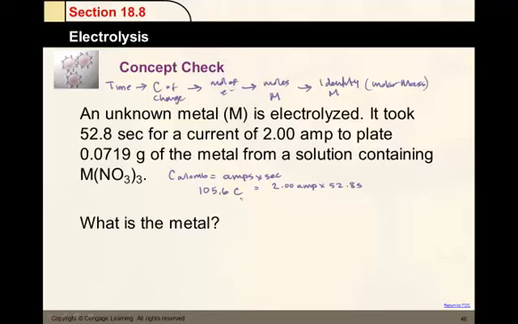Now, we know that 1 mole of electrons equals 1 Faraday, which, remember, is 96,485.